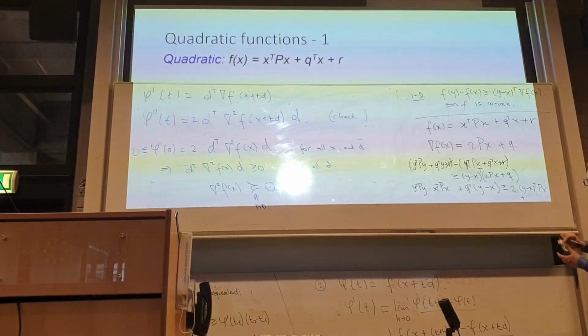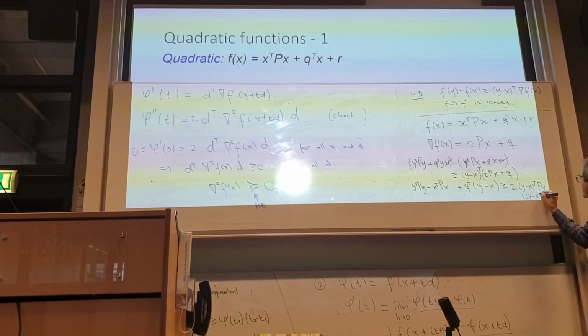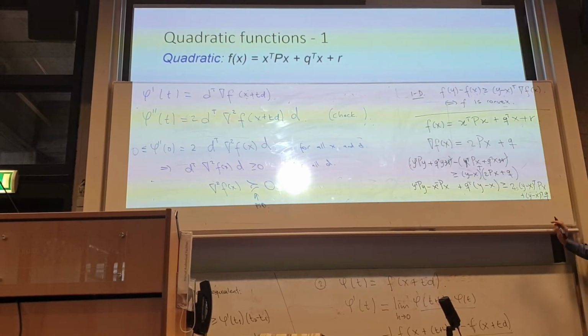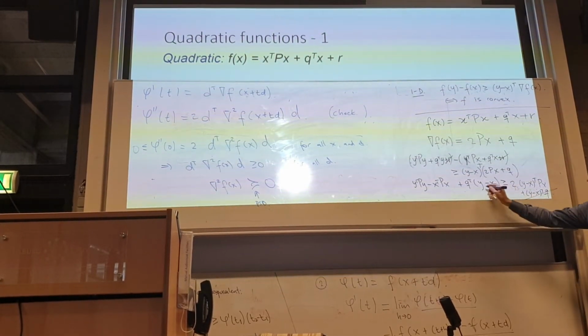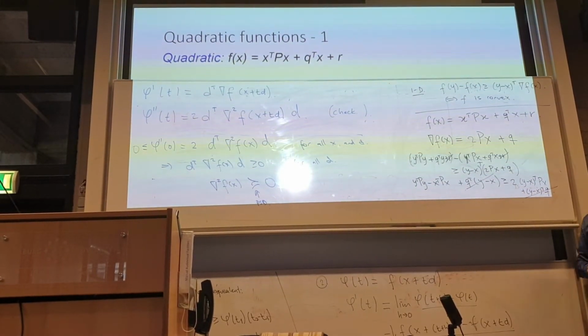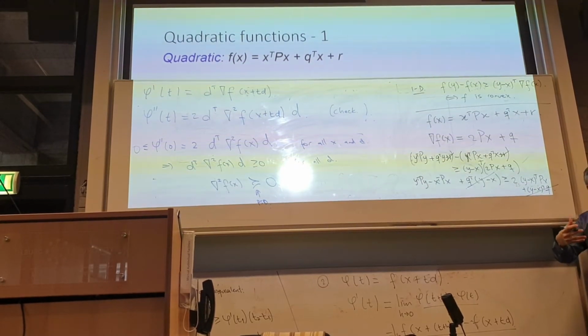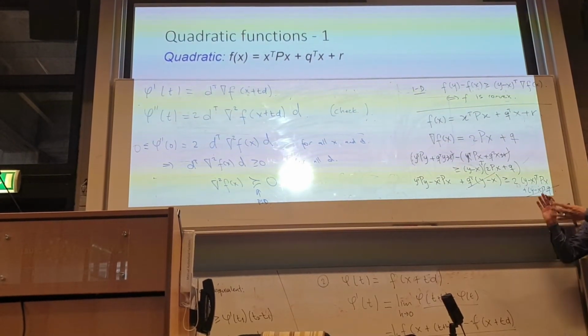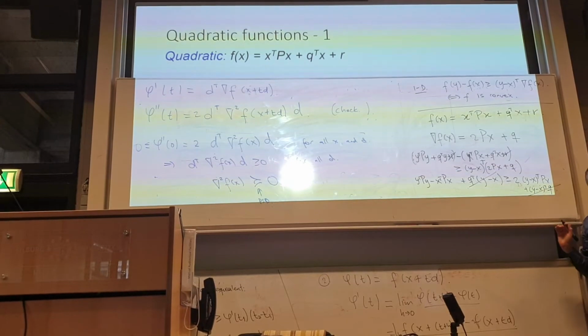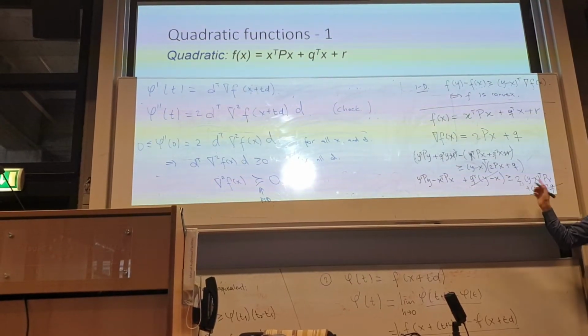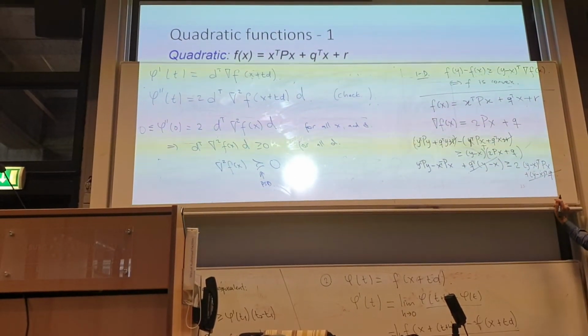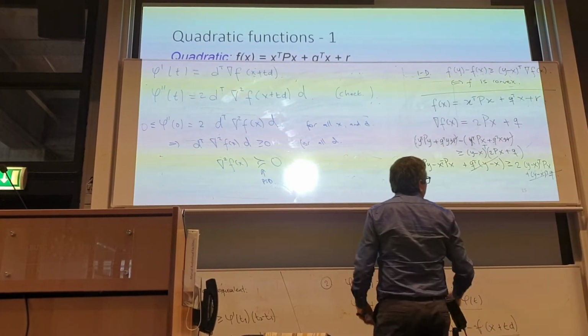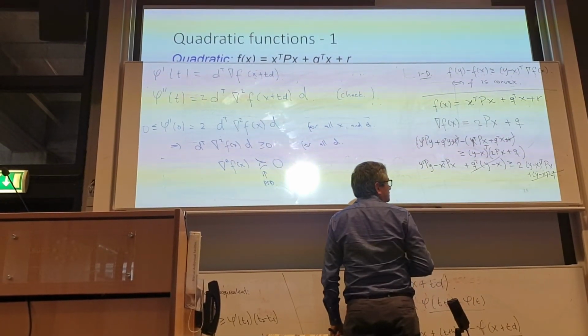Not that it matters, but y minus x transpose q. Okay? And then this quantity and this quantity are the same, so they cancel. And this is expected. The linear term doesn't matter. So for any q, for any r, the function is convex. The only thing that matters is the P. We already saw that when we did it just from the definition.